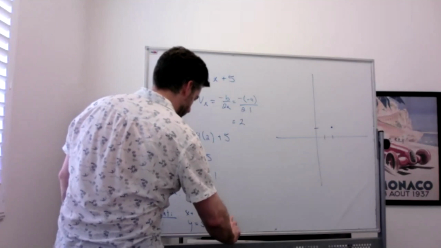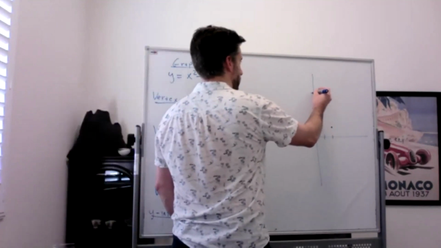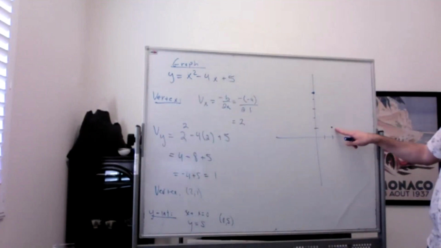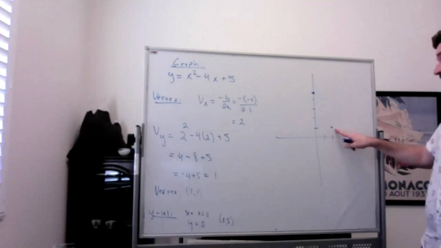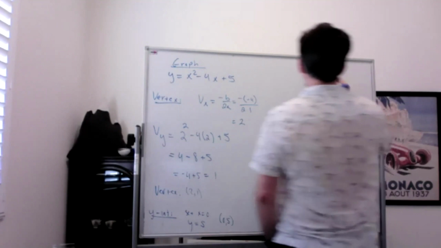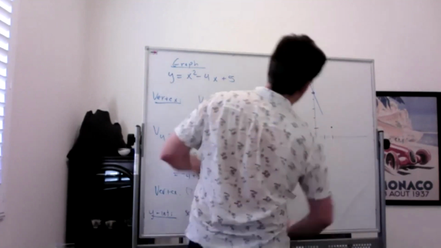So I get the point 0, 5, which is up here. So now I have even more evidence that if this is the vertex, it's either the top or the bottom. I know it's got to be the bottom because it's not the highest point. So this graph is going to look better than that.